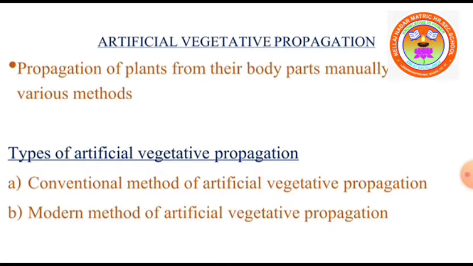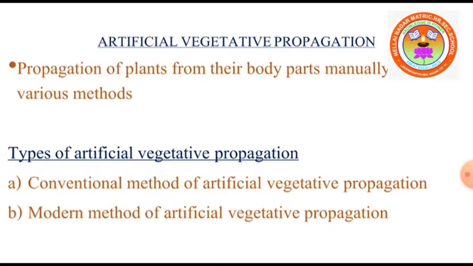Such methods are collectively called artificial propagation. Some of the artificial propagation methods have been used by human beings for a long time, and they are collectively called conventional methods. That means very old methods.